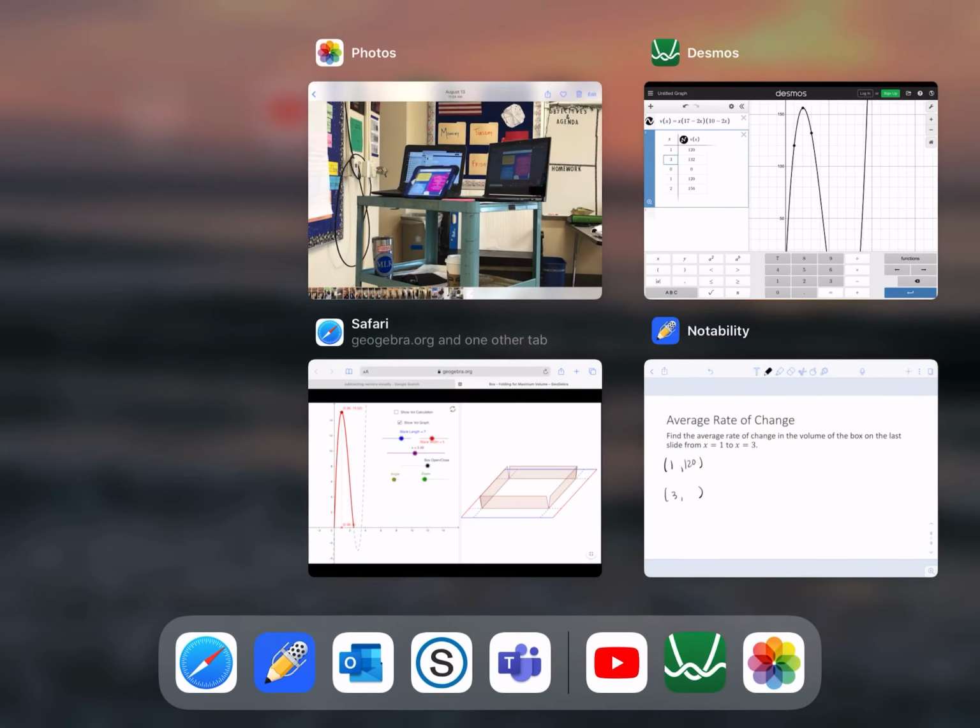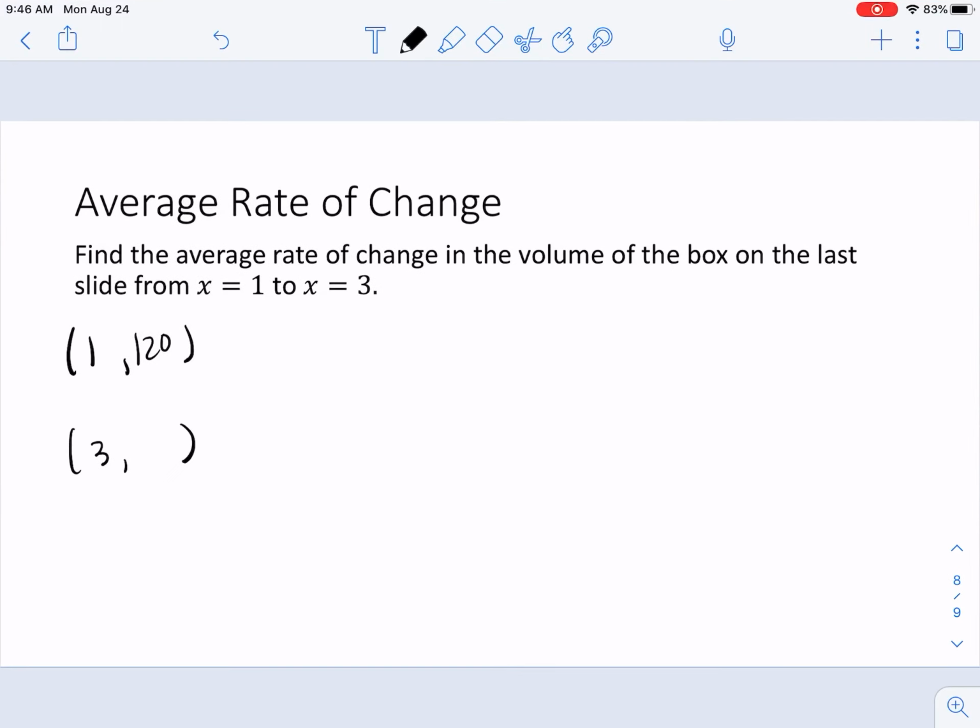So that's what I'm going to use here. Now that I have these, I can go ahead and find my average rate of change. So I'm going to call this point 1 and this one point 2. It is important that you're doing them in the right order. And so my y is going to be 132 minus 120 over 1 minus 3.